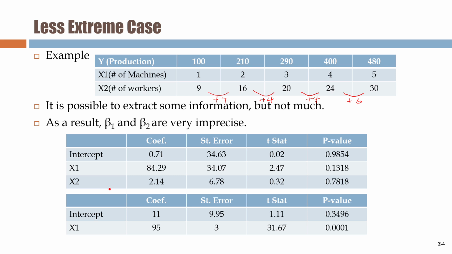As you can see, if we include x1 and x2, the coefficients are 84 and 2. Both of them are not significant here. But if you take out x2, x1's effect is 95 here, and the p-value is really low, so this is significant. So when we have both, neither is significant.